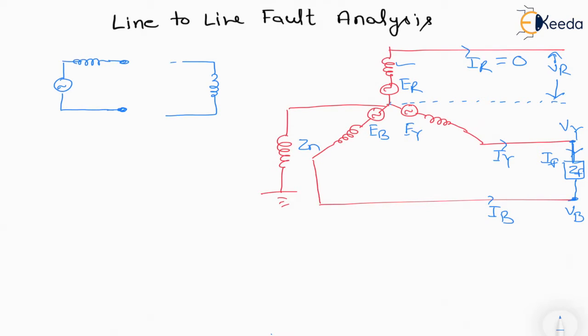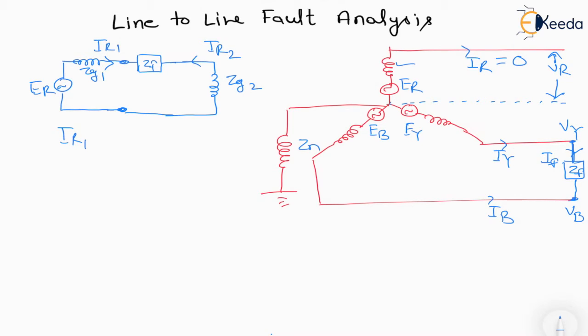If this is the generator, this will be IR2, with current coming outside, and this will be IR1, this is ZG1, this is ER, and this will be ZG2. And we will connect both sequence networks through an impedance ZF. So here will be the circuit, and you can find anything from here.